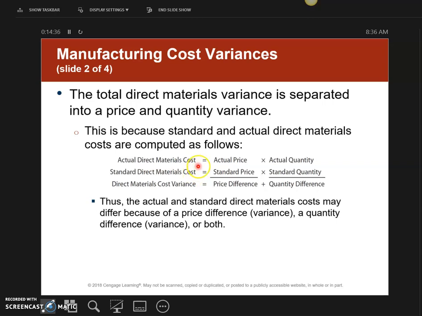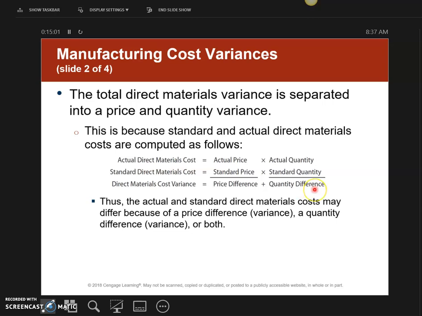It means you're subtracting these two numbers, which will give me the direct materials cost variance. So I'm going to look at the actual price times the actual quantity. That's what I actually did. Minus the standard price times the standard quantity, which will basically be the difference in the price and the difference in the quantity.